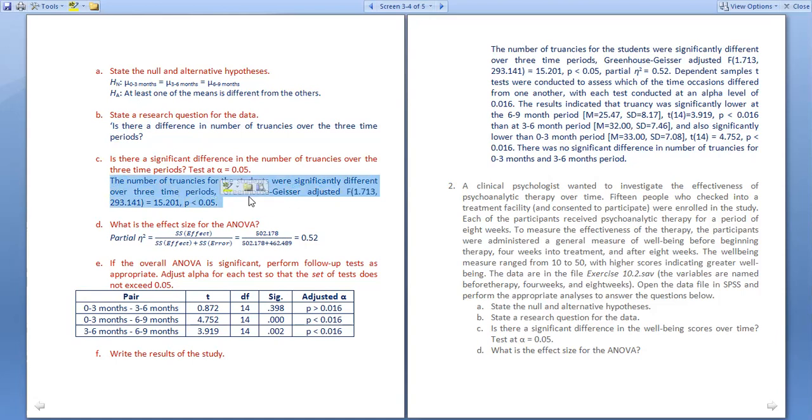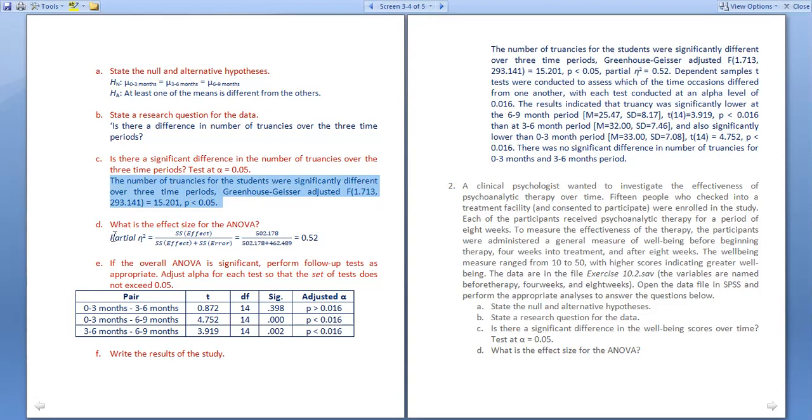Now we are seeing it, Greenhouse-Geisser adjusted, F equals 1.713, 293.141, it comes to 15.201, and the p-value happens to be less than 0.05. So this is how we see that for the 3 time periods, the truancy rate was significantly different.